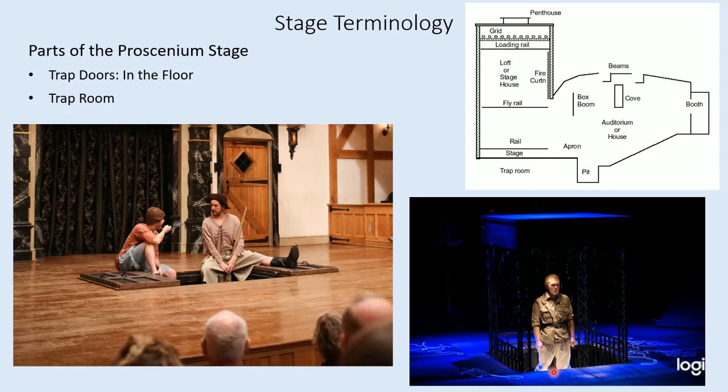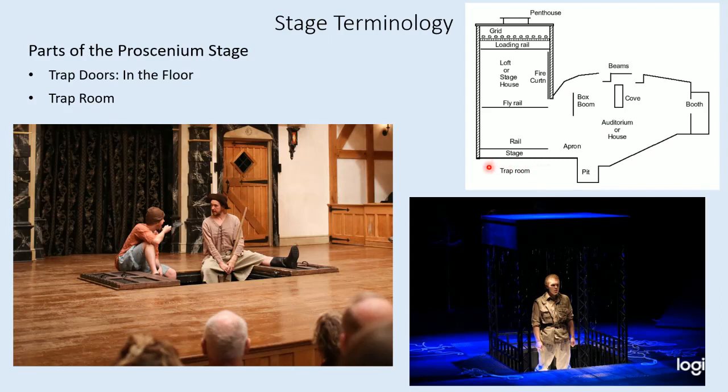Sometimes traps can be automated, and you can see in this case that this trap is probably going to rise and lower automatically. As it lowers all the way down, this top section up here then will form a solid floor. So you may not even know that there's a trap there until it lifts up magically and reveals.